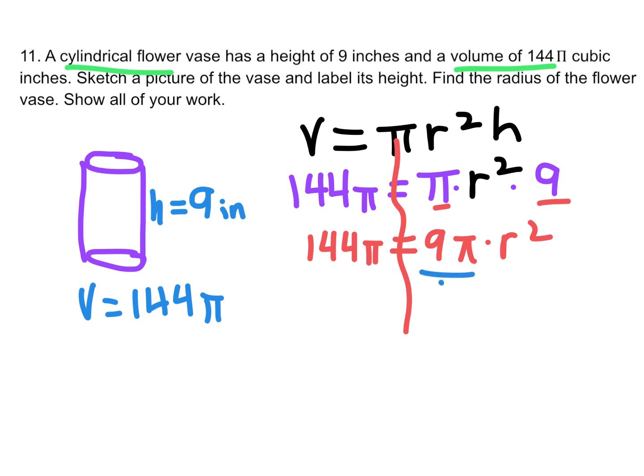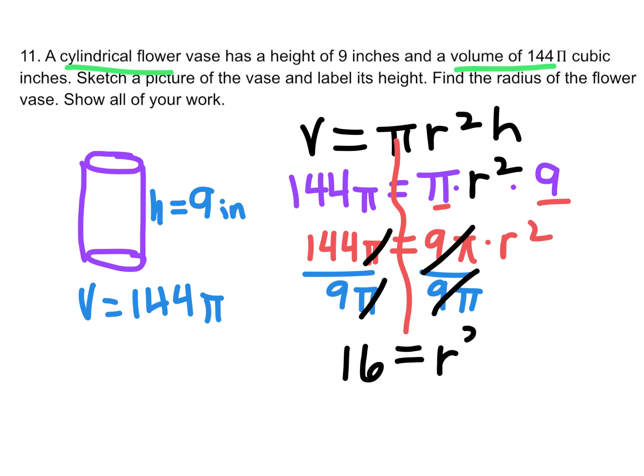Okay, so I'm going to divide both sides by 9 pi to get r by itself. So pi is gone, and I'm going to do in my calculator 144 divided by 9, which comes out to a nice 16 for r squared.